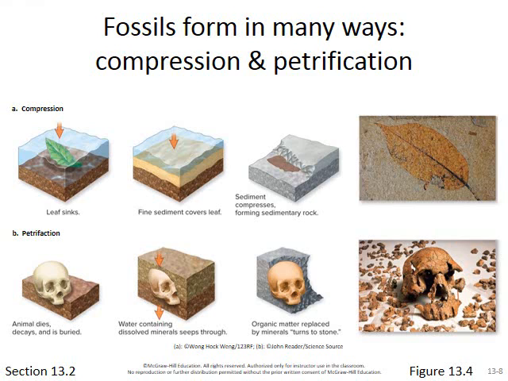And so, for an organism to become a fossil, a lot of the times its carcass, its remains, needs to be covered quickly. Because if not, the process of decaying will happen and ruin that organism. So if the covering of this sediment happens quickly, then that leaf will be preserved well.